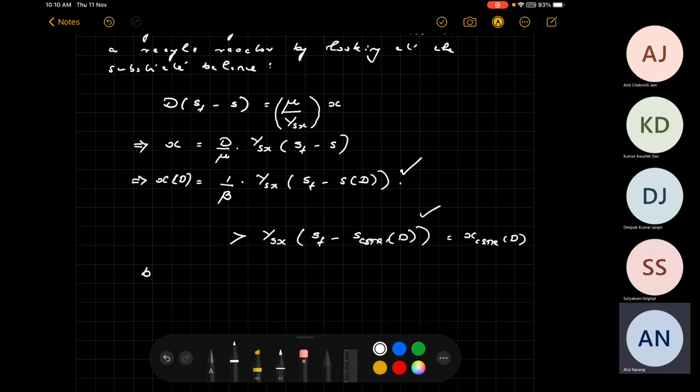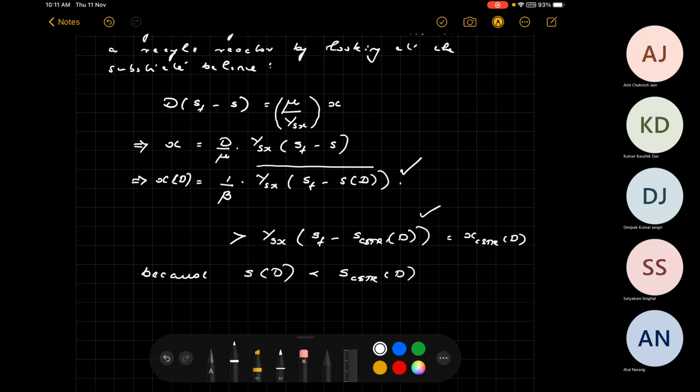One reason is that S in a recycle reactor at any D is less than S at the same D in a CSTR. That's the first point. So this part alone, the part that I have put a horizontal line on, the one with the overbar, is bigger than the next term.